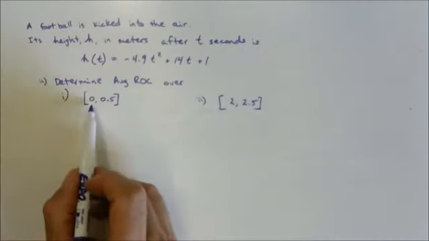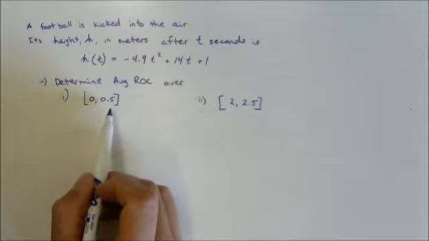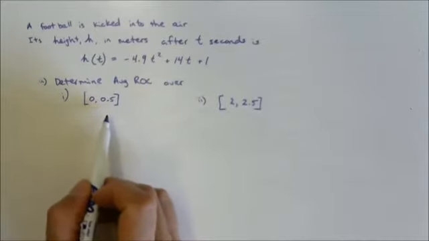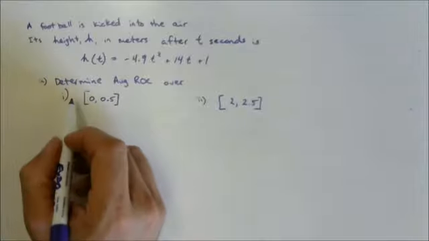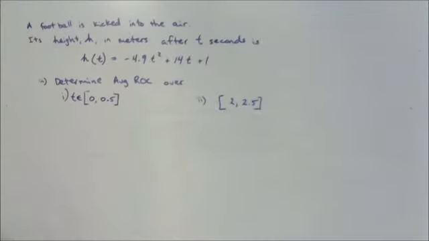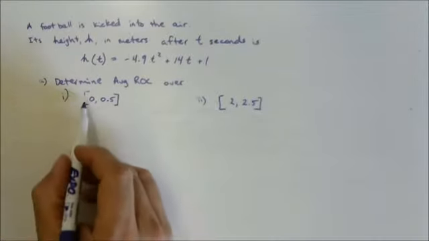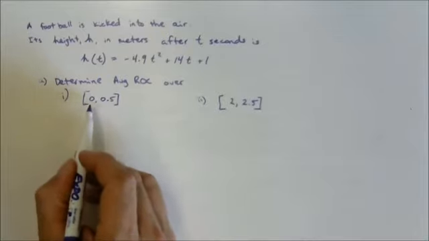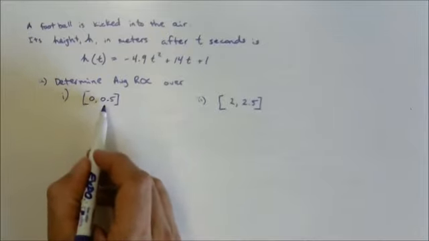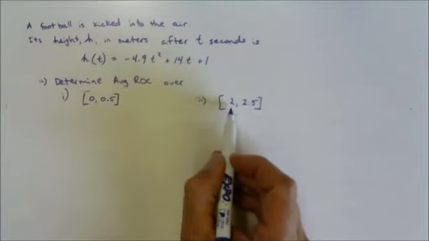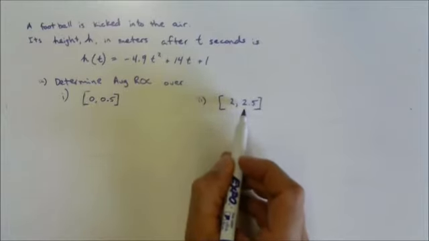Now notice this is not coordinates of t and h or of x and y. This is just talking about t values. Okay, we're going t from 0 seconds to 0.5 seconds after the ball is kicked, and from 2 seconds to 2.5 seconds after the ball is kicked.